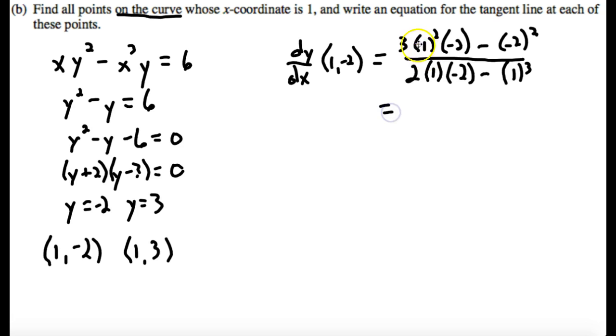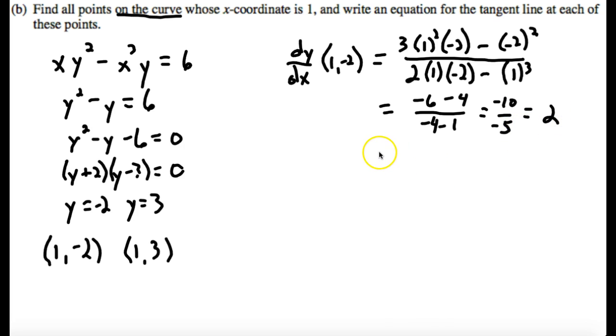So we get 3 times 1 times negative 2 is negative 6. Minus, so negative 2 squared is 4, so minus 4, over 2 times negative 2 is negative 4, minus 1, so negative 10 over negative 5 equals 2.